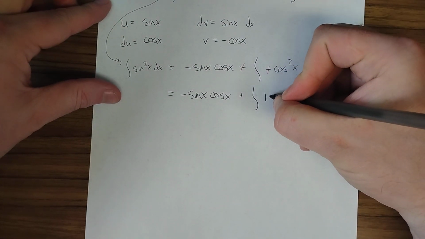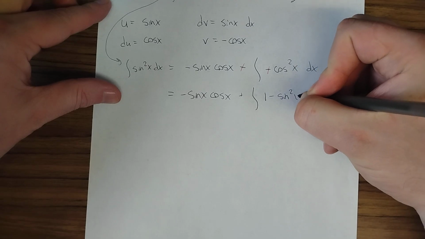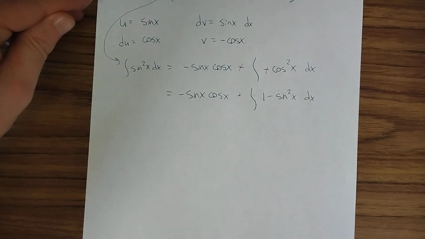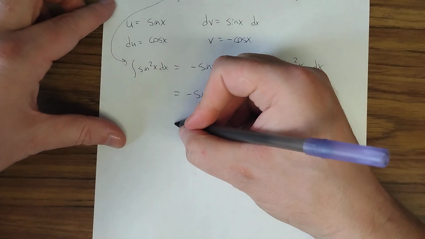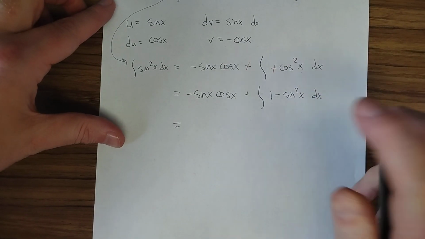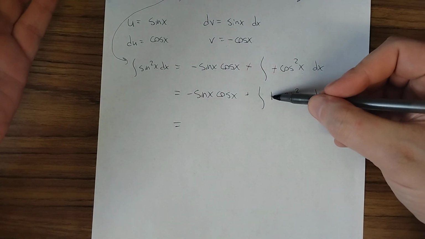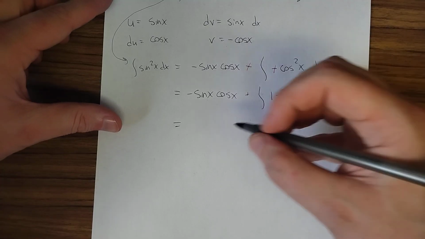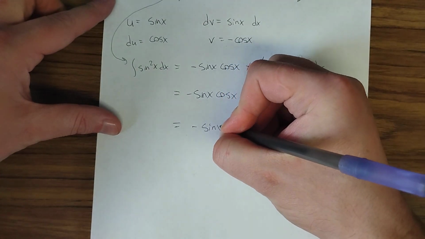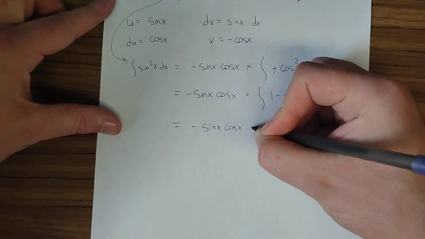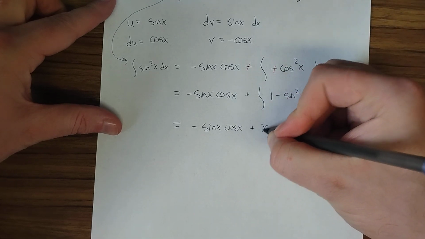Cosine squared is 1 minus sine squared. And I can take this apart because, of course, one of these things is very easy to integrate. Antiderivative of 1 is just x.